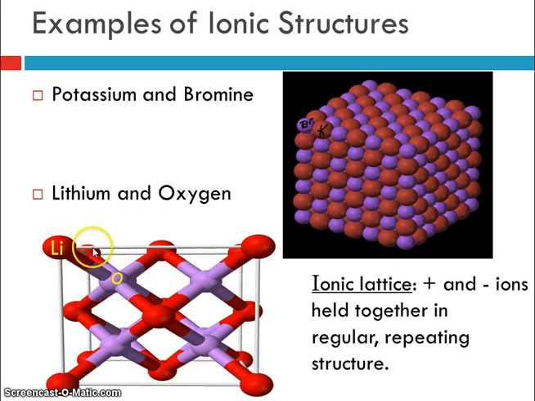For lithium, we have 1, 2, 3, 4, 5, 6, 7, 8, 9, 10, 11, 12, 13, 14. And for the oxygen, we have 1, 2, 3, 4, 5, 6, 7. So we have 7 oxygen and 14 lithium, so we would end up with a chemical formula of Li2O. Again, that's just future stuff.